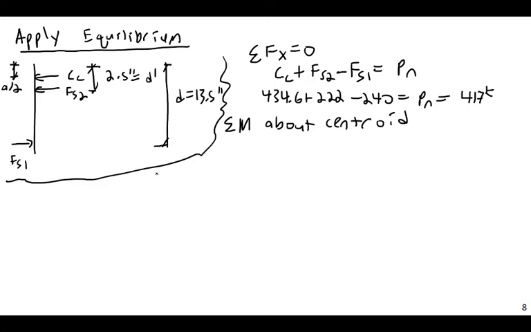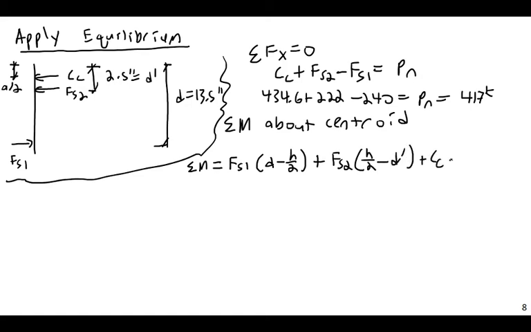So the sum of moments is going to equal FS1 times d minus h over 2. h is the overall depth, so yes, 16 over 2. Plus FS2 times h over 2 minus d prime, plus C sub C times h over 2 minus a over 2.